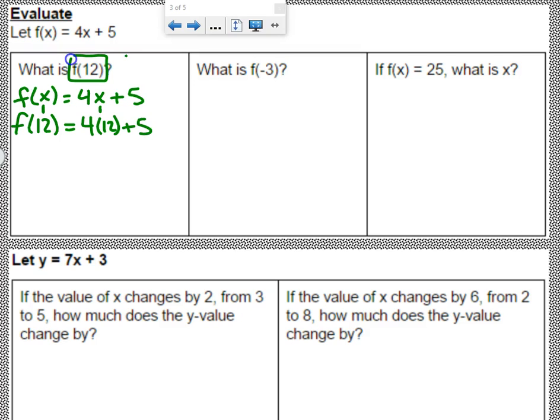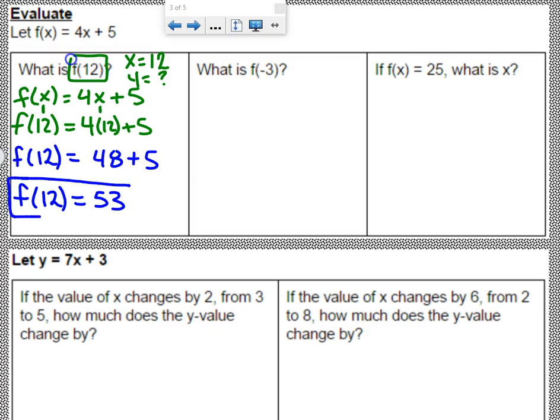All it's telling you right here is that x equals 12. We want to know, what does y equal? We're trying to find that output variable. So then f of 12 will equal 4 times 12, which is 48, plus 5. And then 48 plus 5 equals 53. So f of 12 equals 53.